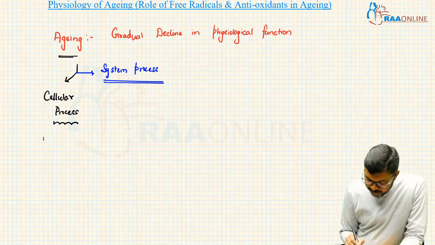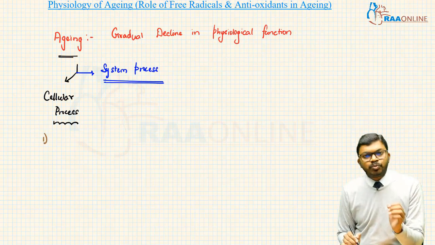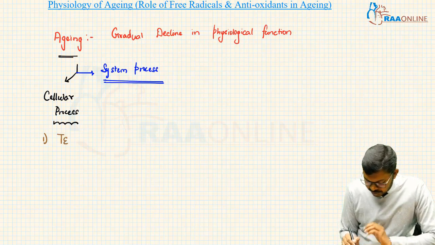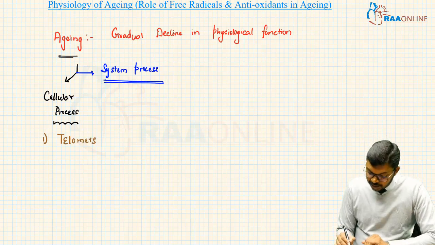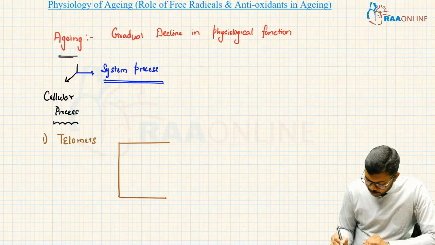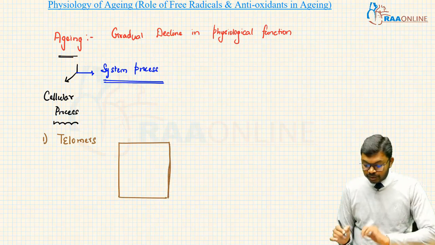Now when it comes to cellular processes, the first and foremost point you have to know about aging is a segment in chromosomes called telomeres. To make you understand, consider this as a parent cell. Alright, let this be one parent cell, and in this parent cell, let me just take up a chromosome.